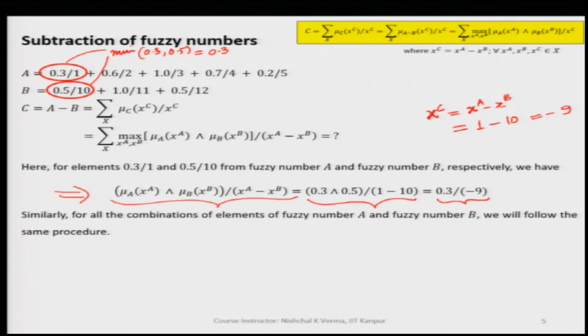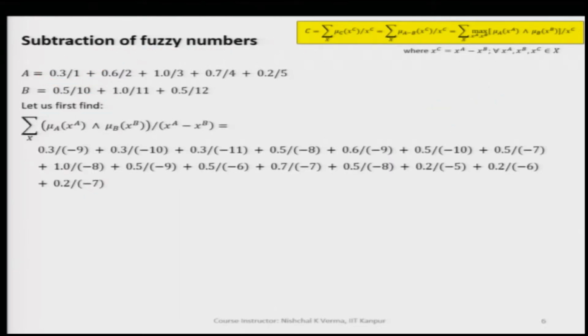So, similarly for all the combinations of elements of fuzzy number A and fuzzy number B, we will follow the same procedure for finding the other elements corresponding to the other combinations. So, let us quickly go through this, and we find the other element here as 0.3 oblique minus 10.